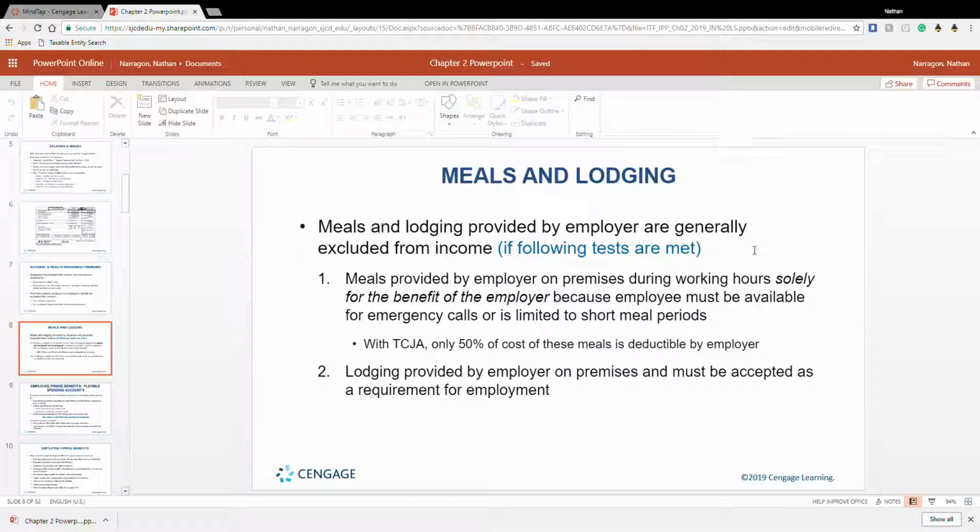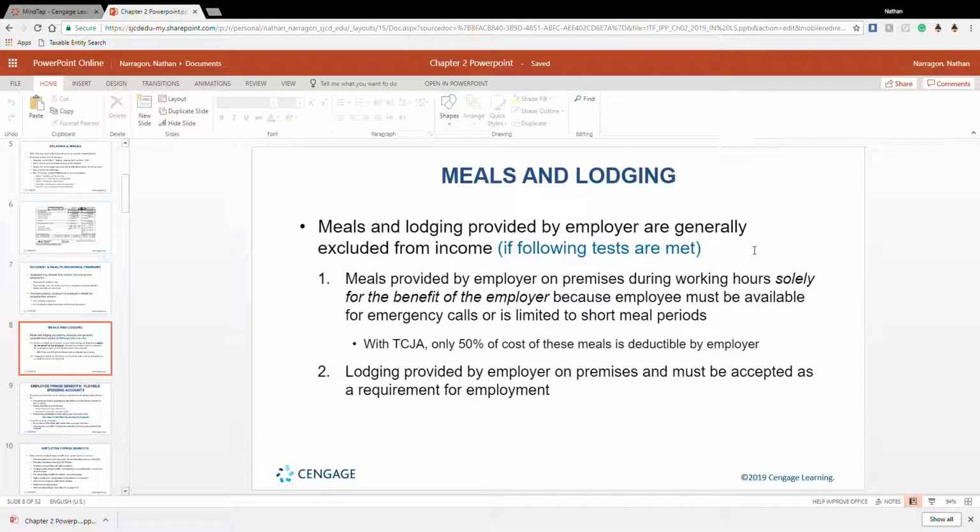Again, meals and entertainment, another term for this, is one that the IRS watches. So if you have a question about deducting one, you probably want to get a hold of another accountant to help out. But for us, if you provide meals for your employee, or you personally had to buy meals, like you had a big job and had to take your client out, you can only deduct 50%. Okay?